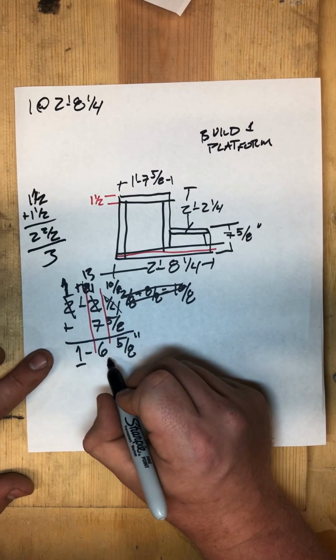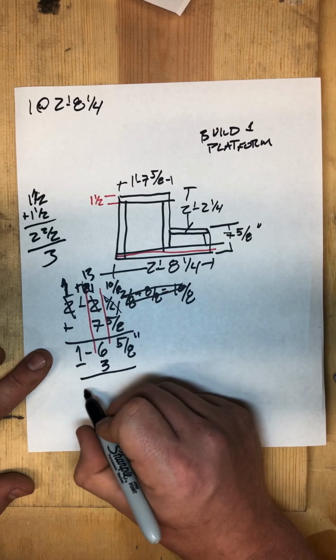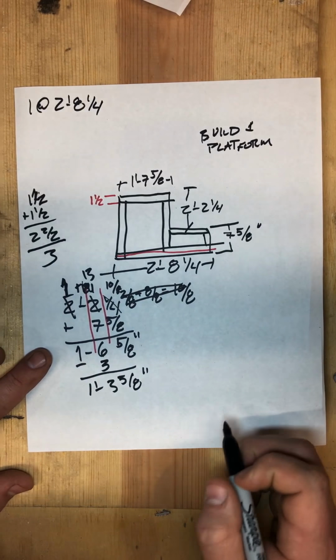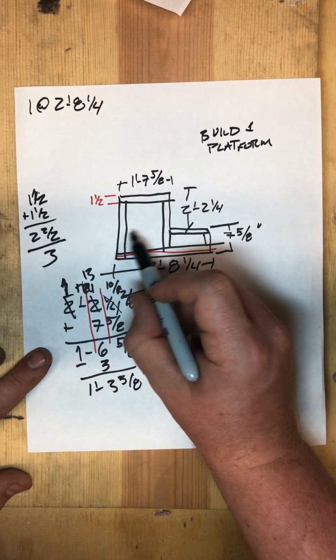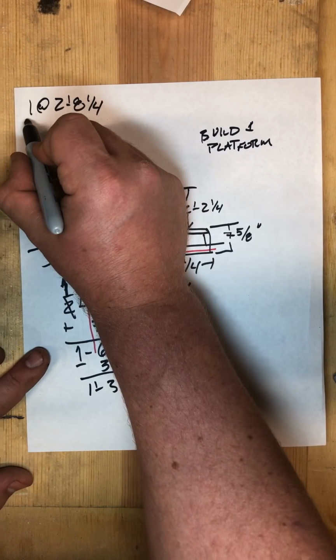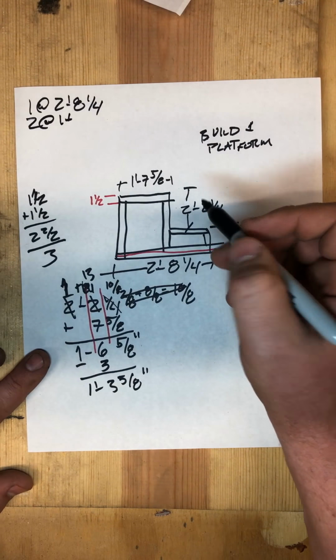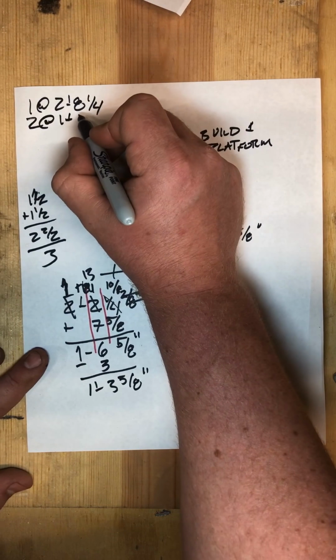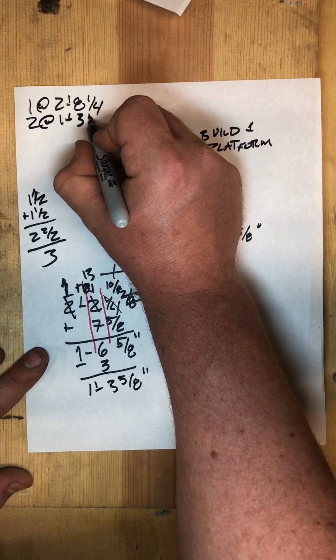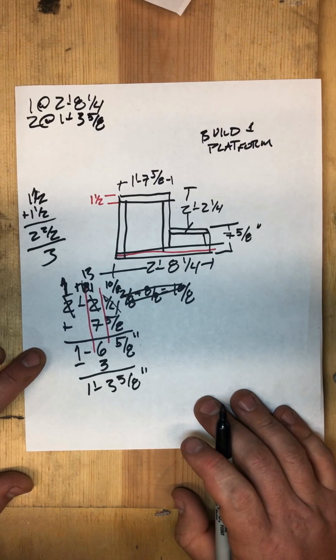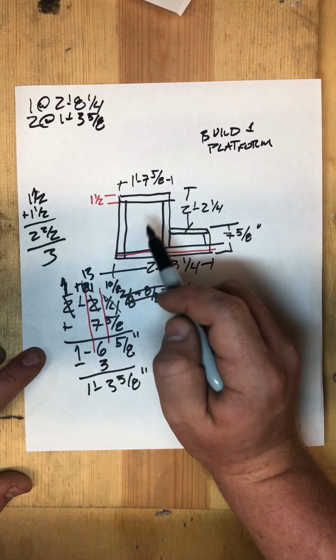So then I come down here and I subtract 3, 1 foot, 3 5/8 inches. Okay? And I know I need 2 of those. So I'll go 2 at 1 foot, 3 5/8 inches.